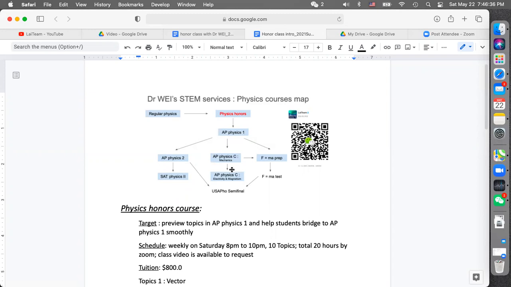Or you can continue to challenge AP Physics C as well, but remember that's calculus-based. AP Physics 1 and AP Physics 2 are all algebra. You don't have to do calculus to master these topics. And given your situation and resources, you can take F equals MA prep.